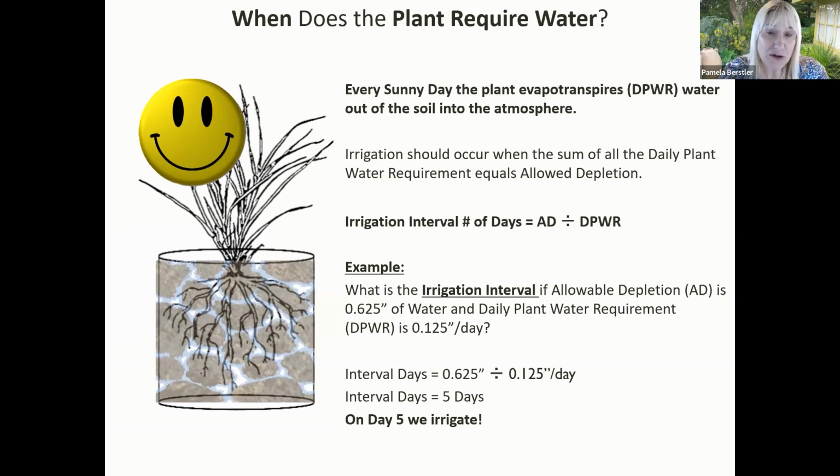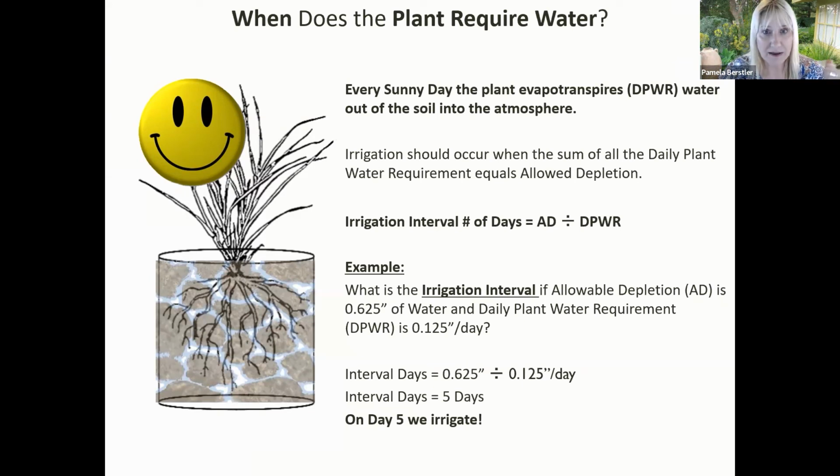And the way that we do that is we divide the allowable depletion inches by the daily plant water requirement inches. And that gives us the irrigation interval, or the interval. So irrigation interval is the calculated number of days between irrigation events based on the amount of water that we are allowing to deplete from the soil through daily evapotranspiration.